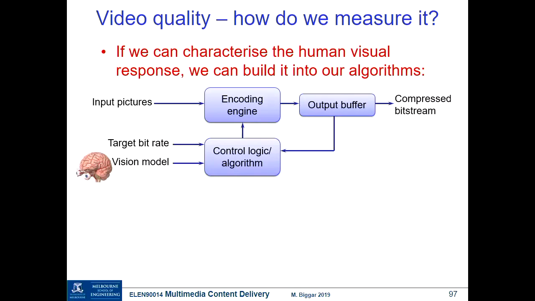We'd have our input pictures, they go into this encoding engine. We assume an output buffer there, and we control that encoding engine according to our model of the brain, right?